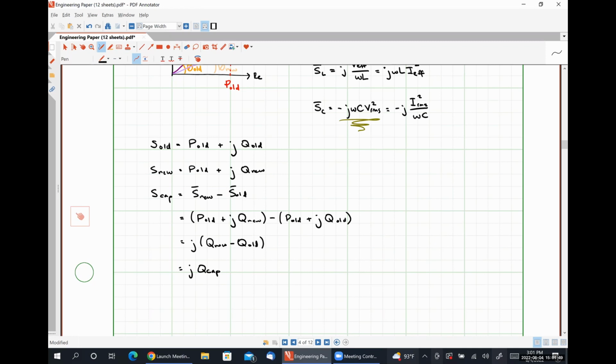Q cap is always going to be a negative quantity. If we look here, this is also Q cap, because Q cap is just the reactive power or the imaginary part of the complex power.